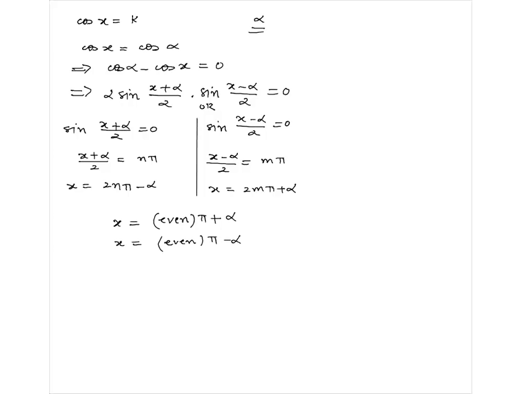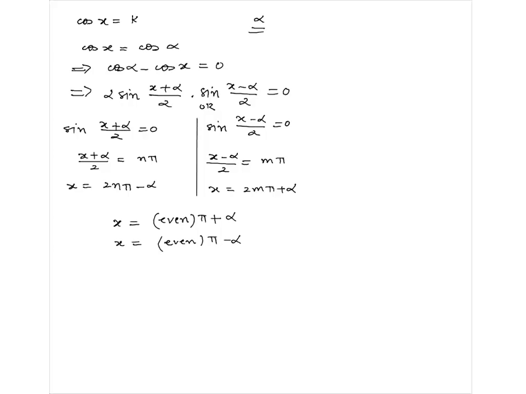Now the right side says that even into pi plus alpha is fine, and the other one says that the minus sign is also fine. So one says plus sign is fine, the other says minus sign is fine.